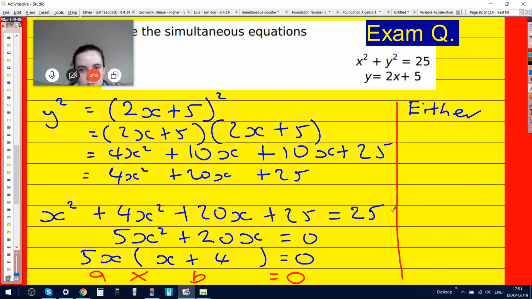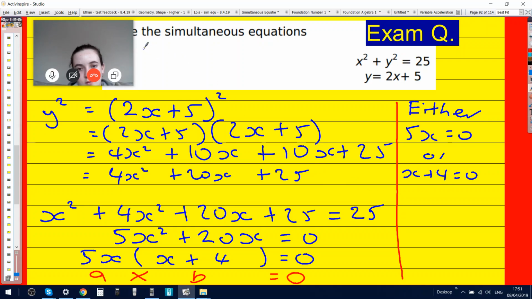Yes, at least one of the numbers has to be 0. So we've got two things that multiply to make 0. Either the first one is 0 or the second one is 0. Either 5x is equal to 0 or x plus 4 equals 0.